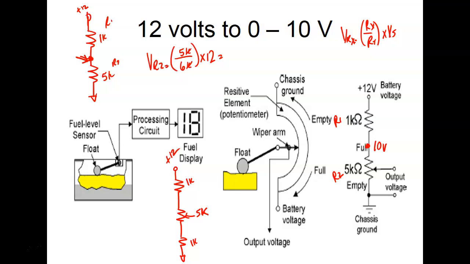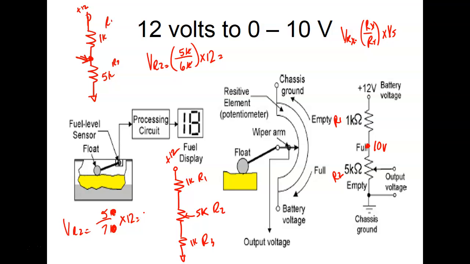So if I wanted the voltage drop across the 5K, if we call this R1, this R2, and this R3, then the voltage across R2 would be equal to 5K divided by 7K. What's nice about K is you can just drop the K because it's on top and bottom. So the 5K, then I'd multiply this times 12.